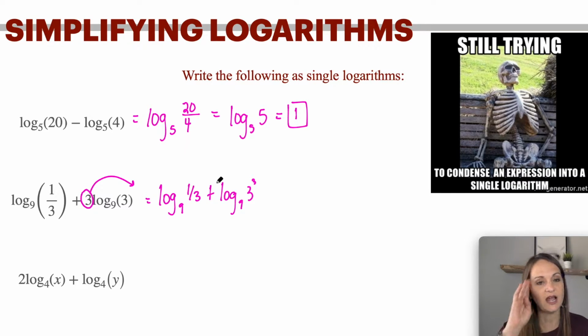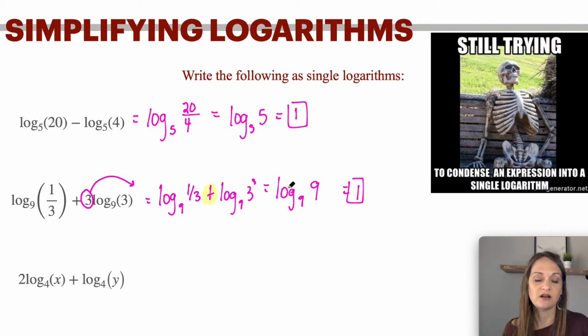And now because of the addition, we can make it one log and multiply. 1/3 times 3 to the third is 9, because 3 to the third is 27, and a third times 27 is 9. And then we are back to log base 9 of 9.